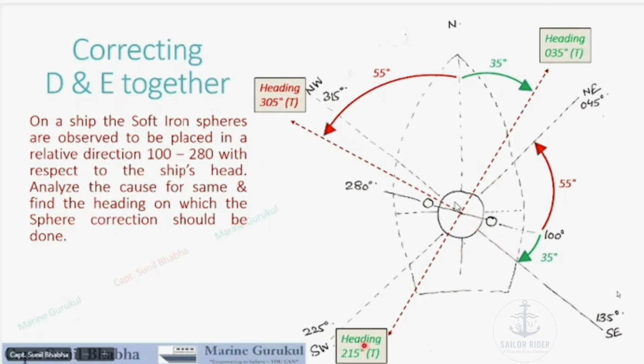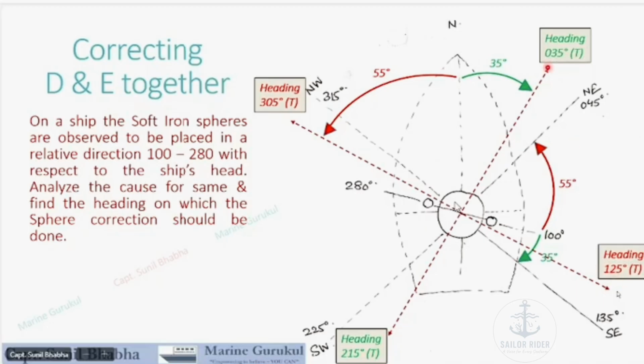When the ship goes to 215 heading, the reciprocally opposite heading, this starboard sphere will go to northwest of the compass. So the correction is also possible when the ship is heading 215, and the same applies to 305 heading also. If the ship goes on a heading reciprocal of 305, which comes out to be 125 degrees, even on this heading the correction can be done.